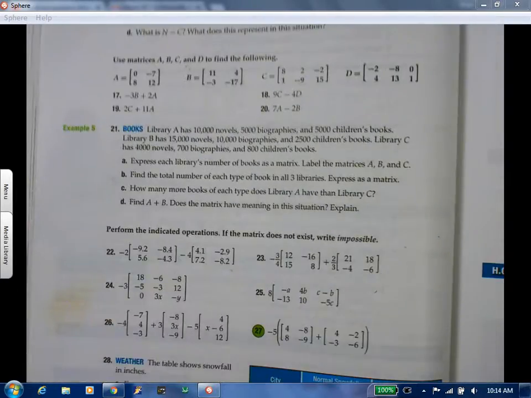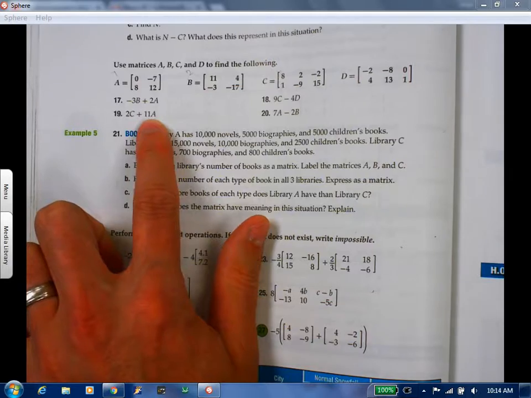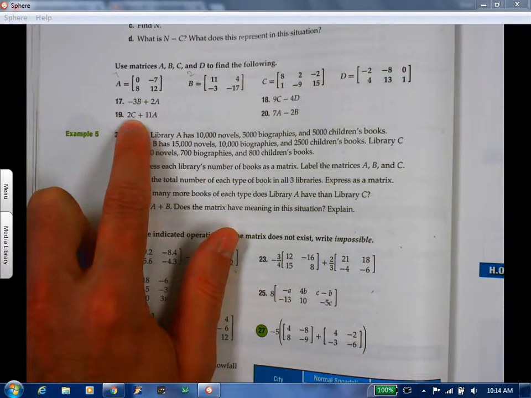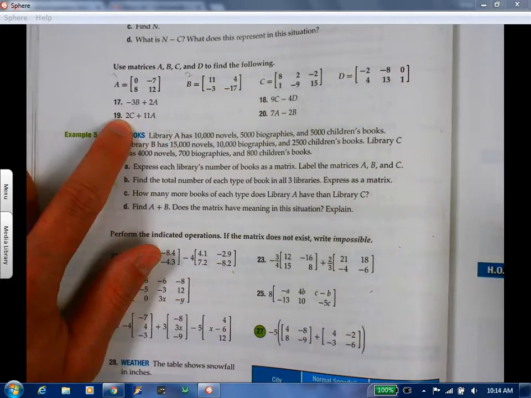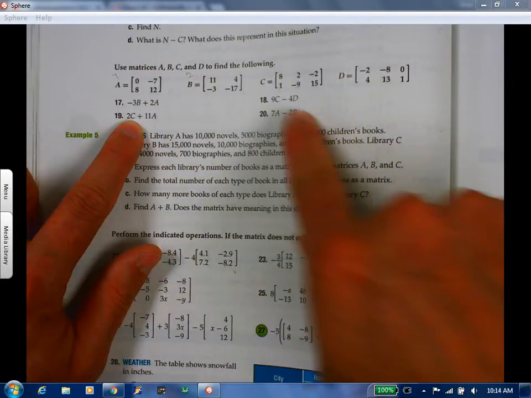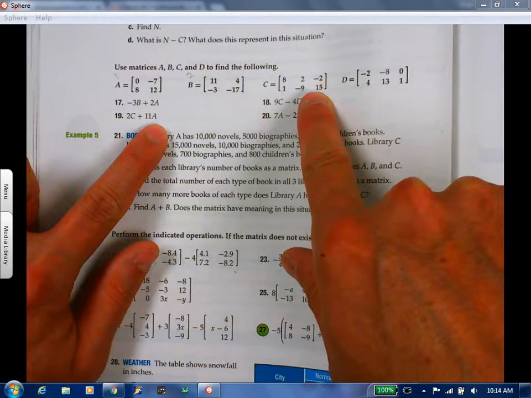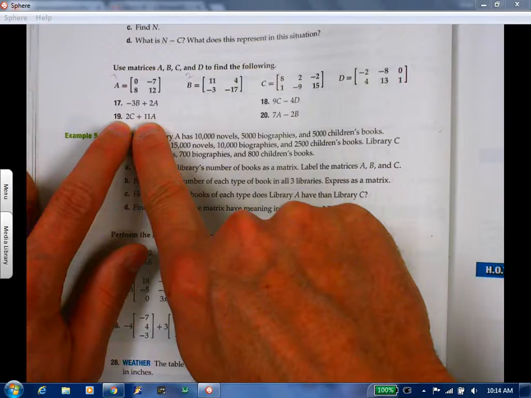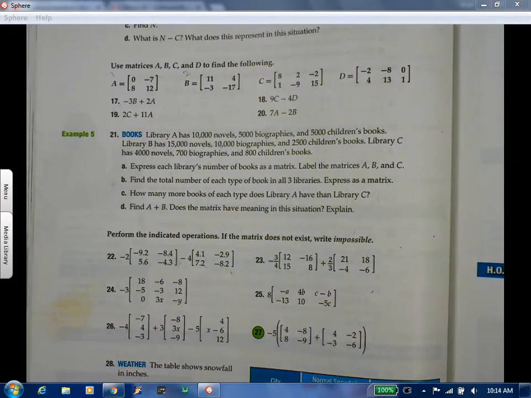The C is the name of the matrix you're going to use. Okay? So you do the scalar multiplication first, then you add the results together. But even looking at that one ahead of time, C is 2 by 3, A is 2 by 2, you won't even be able to add them together. So you may want to check that out before you get started. Not possible.